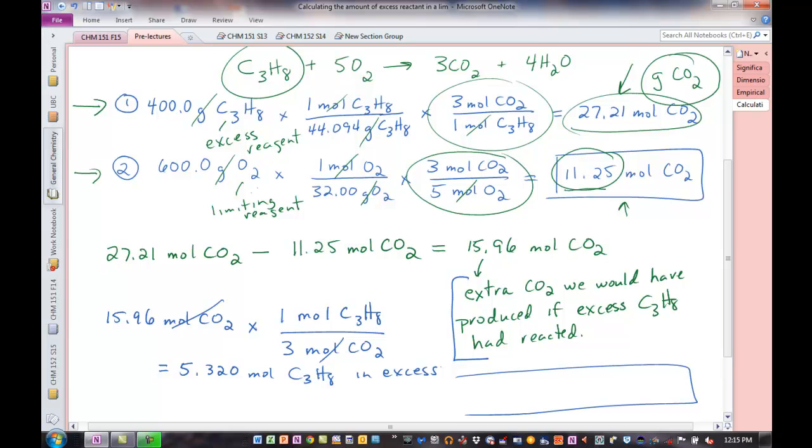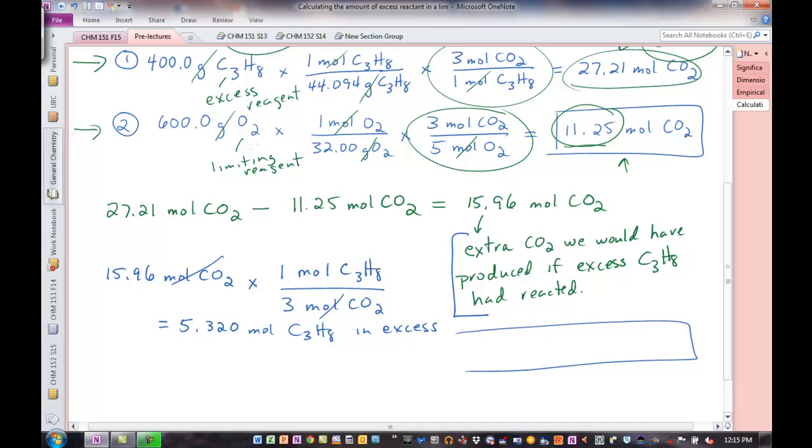Some problems might ask you to stop at moles of excess reactant, and we'd be done at this point. But this problem said how many grams of excess remains, so we have one more step. And what is that? We use the molar mass to convert from moles to grams. So 5.32 moles of propane, molar mass 44.094 grams of propane in 1 mole of propane.